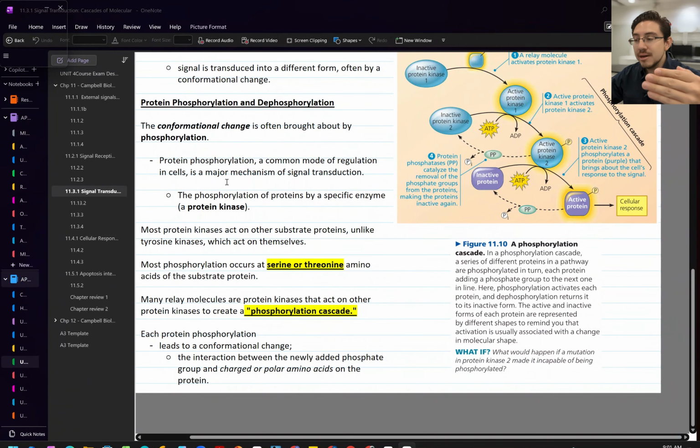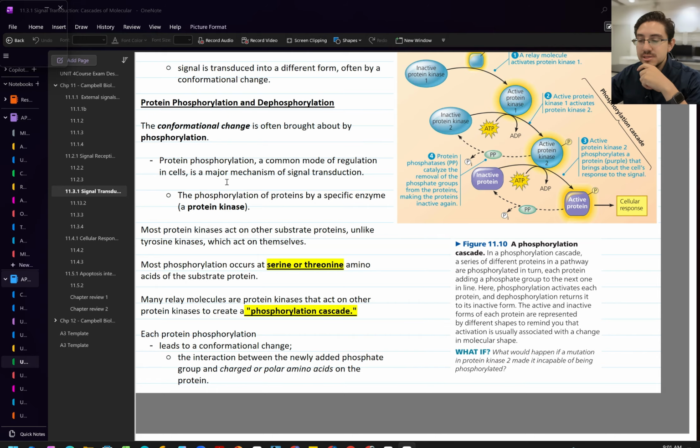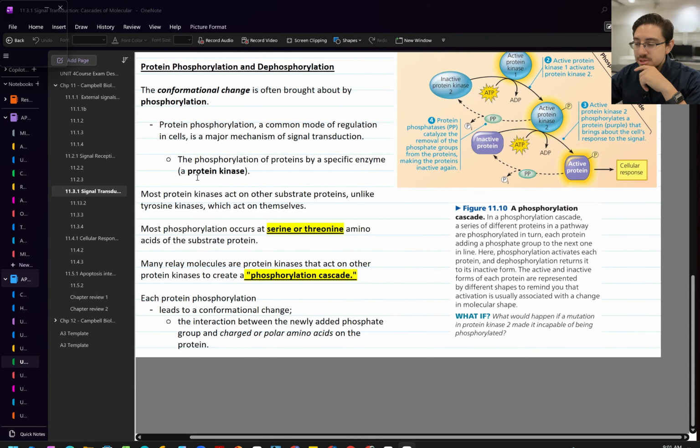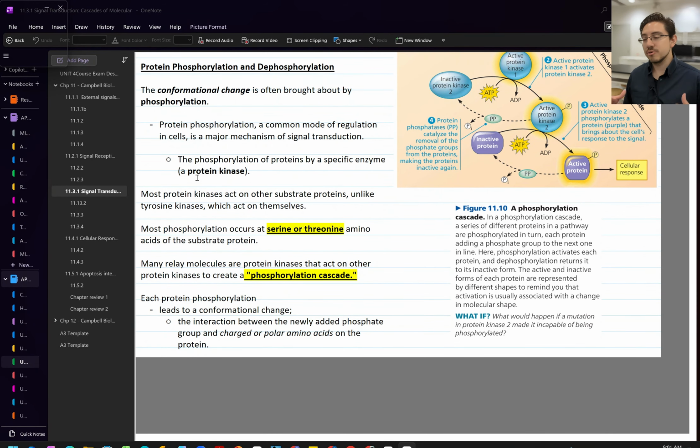usually this is done by what are called protein kinases. These protein kinases enable the phosphorylation of some other enzyme, including other kinases. So a big thing to note here: protein kinases. These are a group of enzymes that can enable the phosphorylation of some other thing.